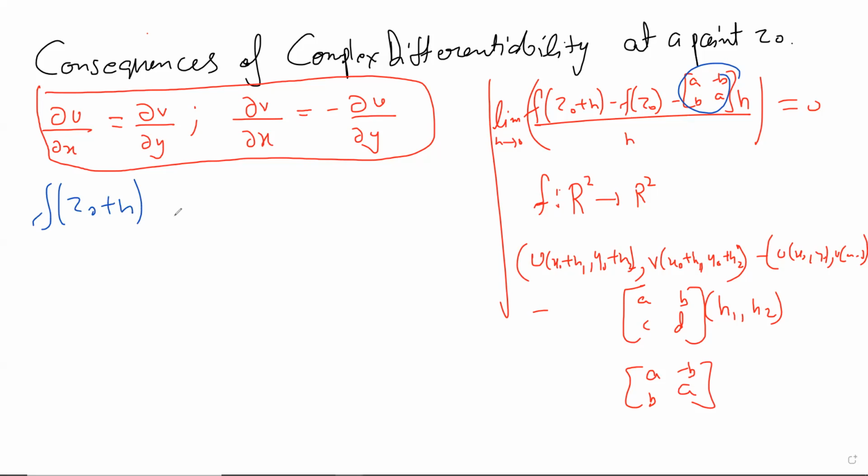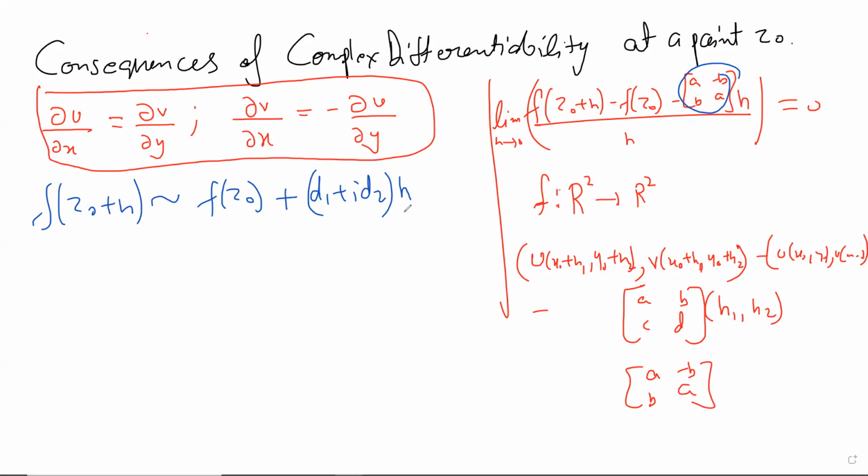Now this being differentiable means that f of z naught plus h is roughly equal to f of z naught plus this complex number, this rotation, times h for small h, right? You can just write it as a complex number. When h is small, then this is roughly what it is.